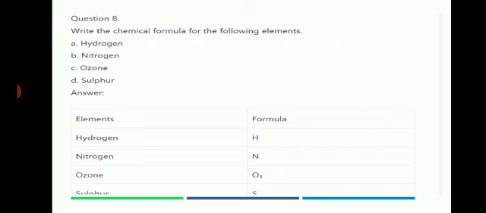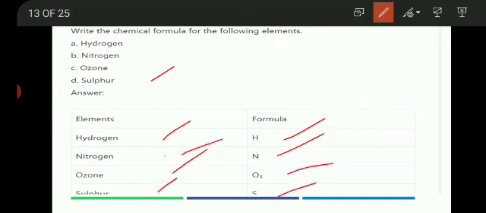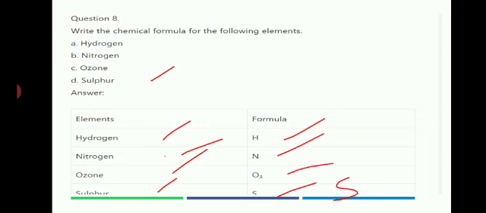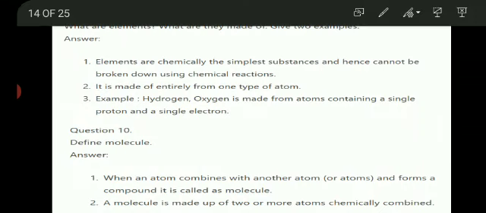Next, question number 8. Write the chemical formula for the following elements: hydrogen, nitrogen, ozone and sulfur. Hydrogen formula H, nitrogen formula N, ozone O3, sulfur S. Next, 9th question. What are elements? What are they made of? Give 2 examples.